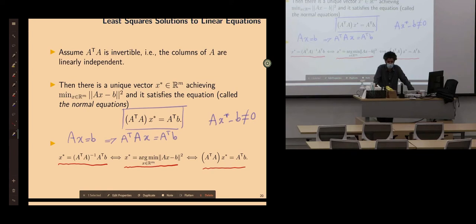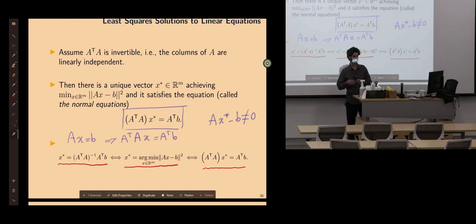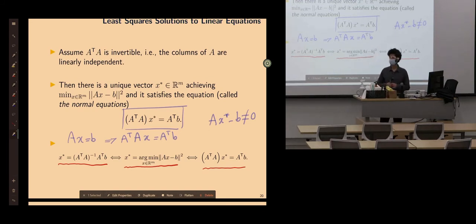Now, that's a very deep question. I postponed the answer to future lectures when we talk about vector spaces again. But a very rough answer is that this A transpose that you get on both sides is projecting these vectors to a space where you can have a solution now.